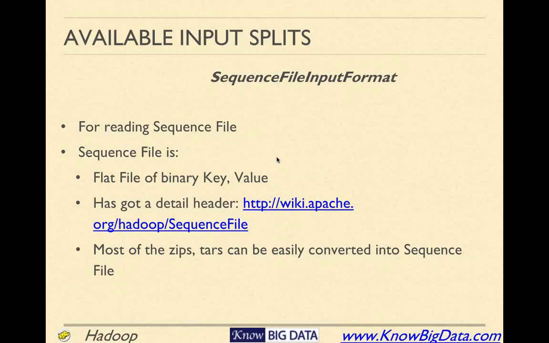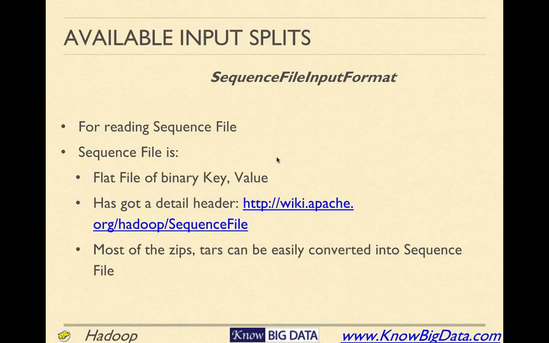Therefore, for storing smaller files, people create a zip file, a compressed archive file out of the many small files, and then translate it into sequence file input format. The quality of sequence file input format is that the processing of data can be parallel.